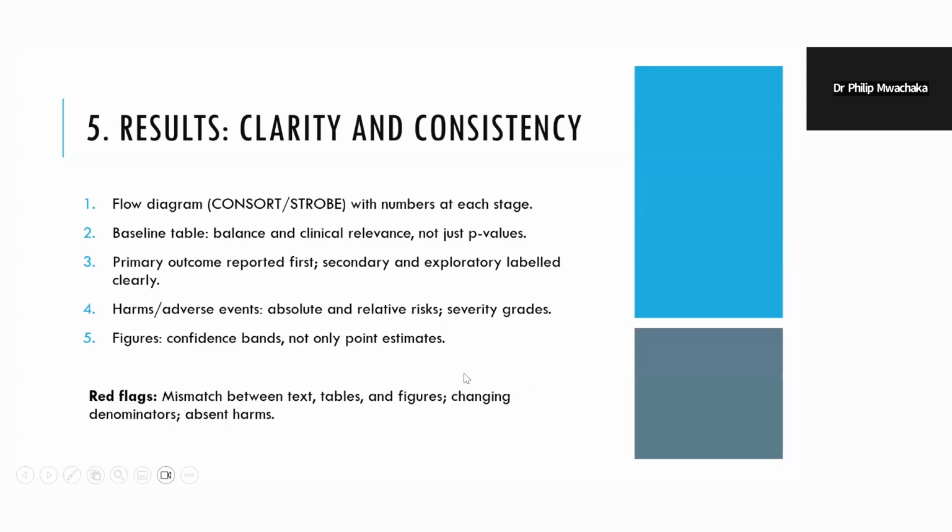And if you find some denominators are changing, and the authors are not clearly stating why, then you need to raise an alarm. If you are a reviewer, or you are doing critical appraisal, those are the things that need to come out.